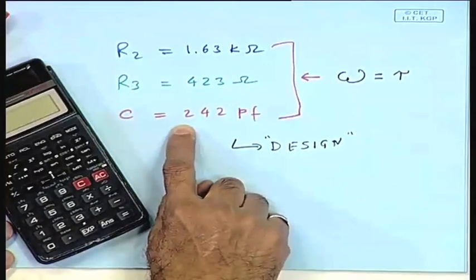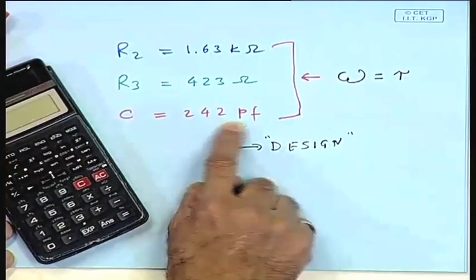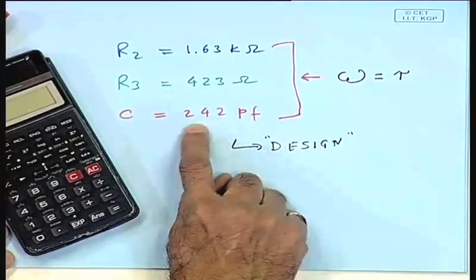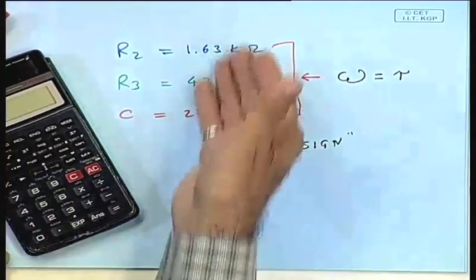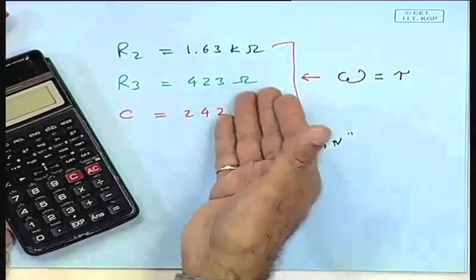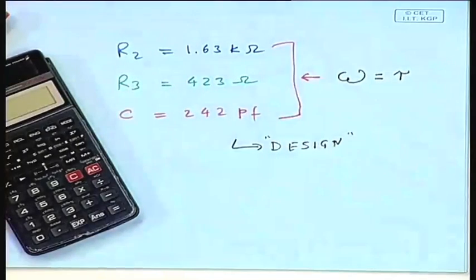In the catalog, I cannot find a capacitor that has a value of 242 picofarad. These are not standard parts. That means I'll not be able to meet this target also. So I've done this design on paper, but I'm not able to realize that in real life.